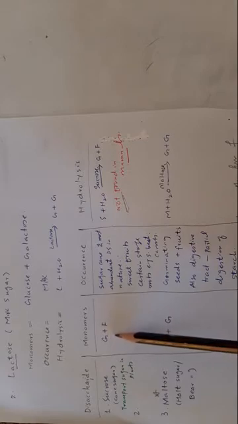As it is a disaccharide made up of 2 monosaccharide units, its 2 monomers are glucose and fructose. Occurrence: why is it called cane sugar? Because sucrose occurs in sugar cane, and a very important point, sucrose is the most abundant disaccharide in nature.